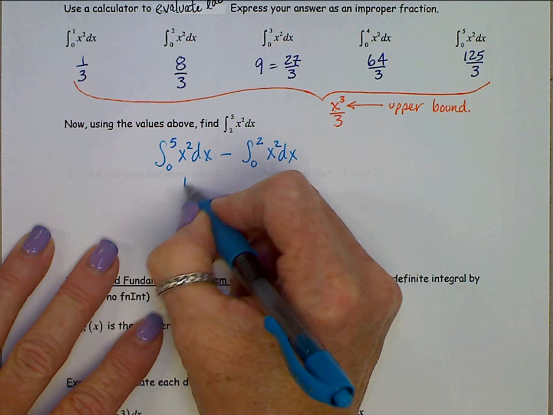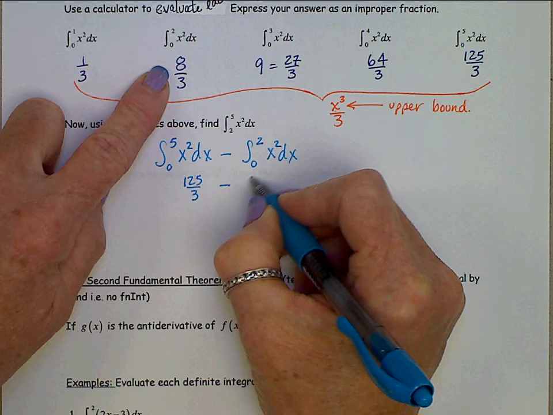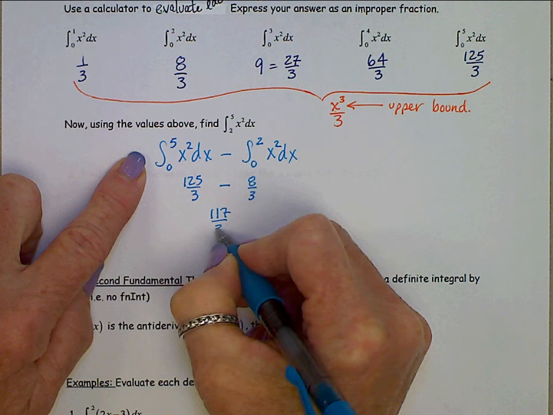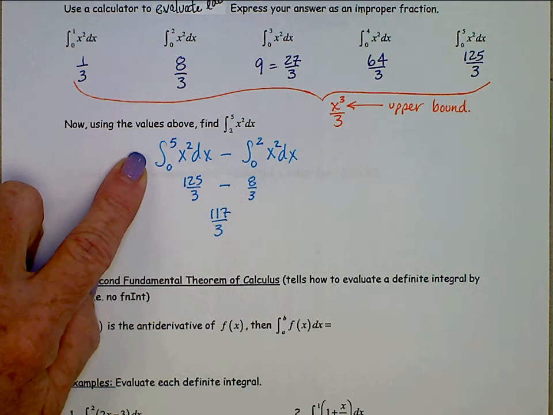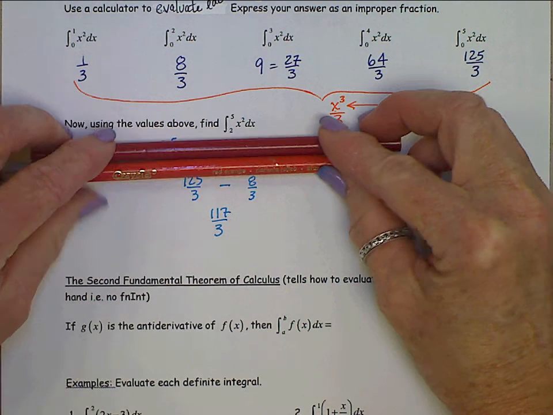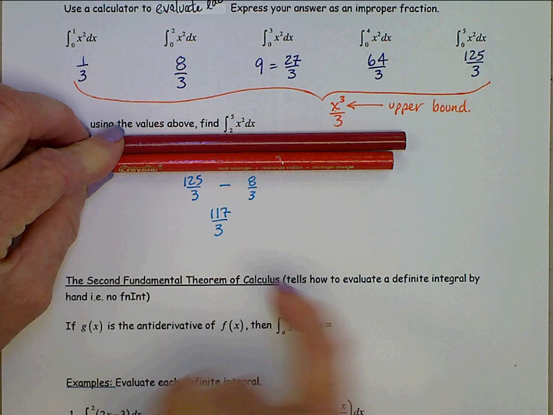That gives us 125/3 minus 8/3, which is 117/3.